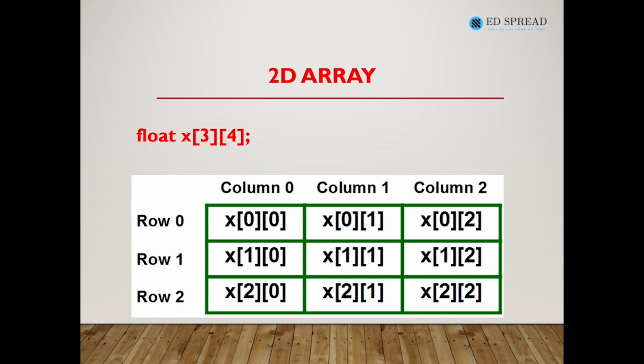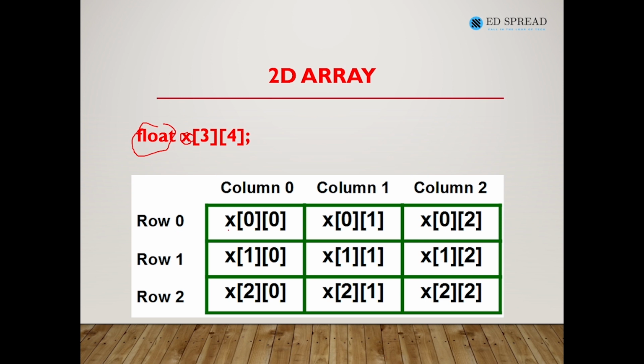Okay. Now x is nothing but the name of the array, and float is nothing but the data type. You have understood this part. Semicolon, you know it. So now, as you know, you might have learned matrices in your lower classes. Now you can store the matrices in this particular two-dimensional array. So the x, now each one will have a particular number.